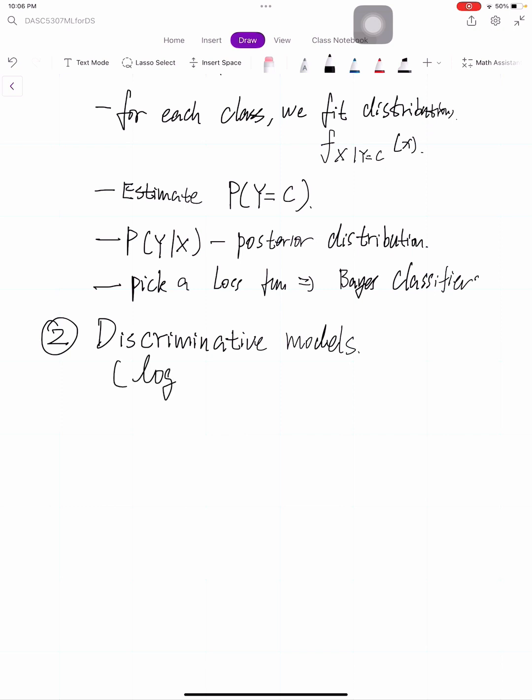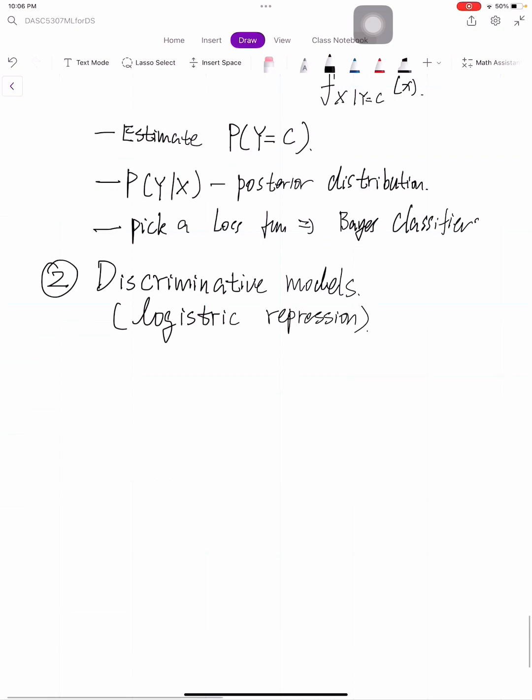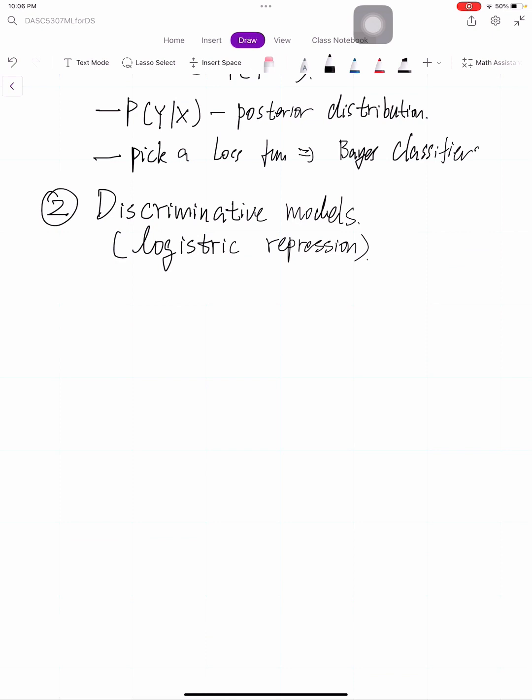For example, based on logistic regression, we can directly estimate the distribution of the label given the predictors. So it's called logistic regression. And the third method is sort of the deterministic way. We ignore the probabilities. We can find the decision boundary directly, for example, using the support vector machine.